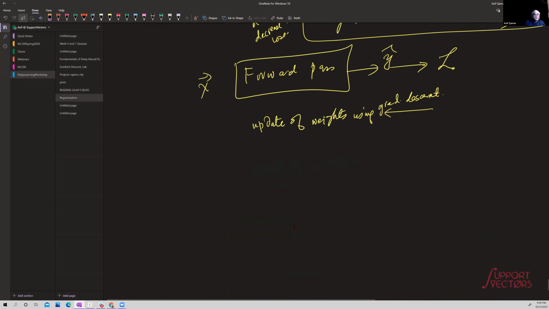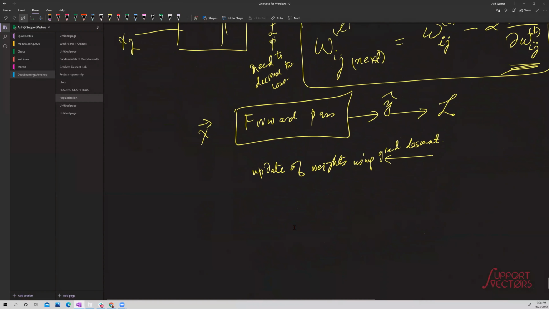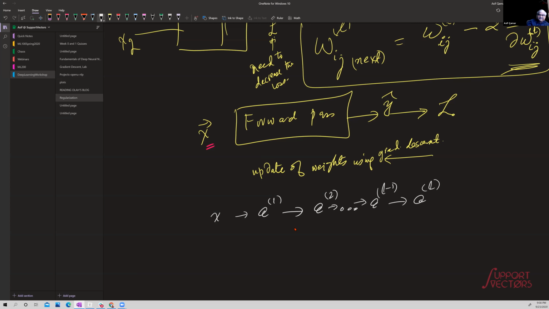Okay, here we are. So guys, where are we? We realize that in the forward pass, input goes in and the activations keep moving forward, right? So X leads to the first layer activation, leads to the second layer activation, leads to the L-1 layer activation, and finally leads to the last layer activation, which is your Y hat.